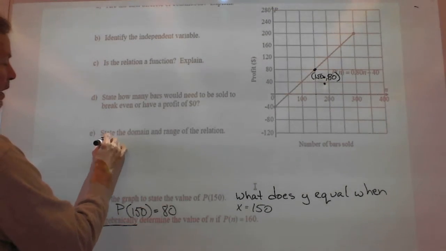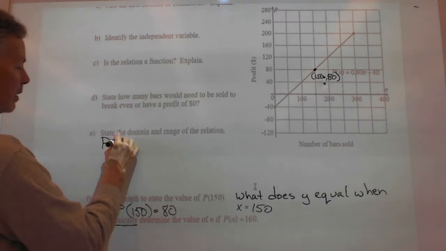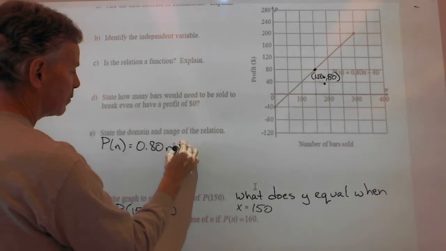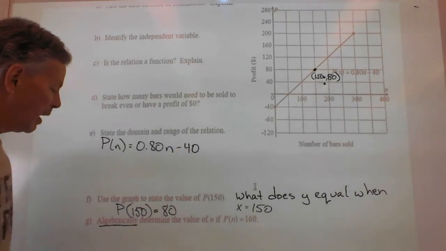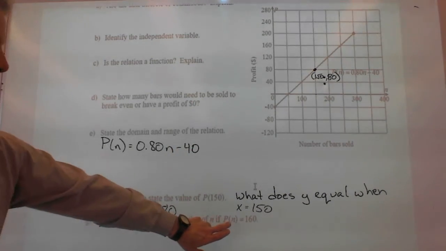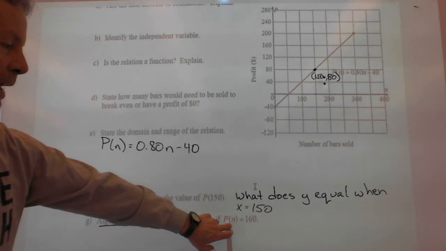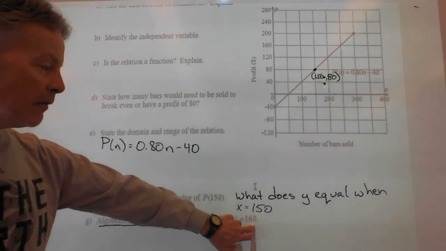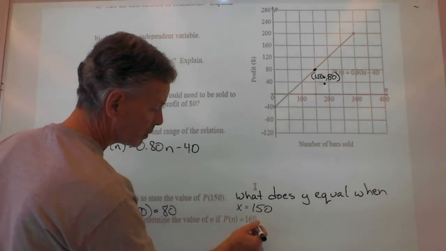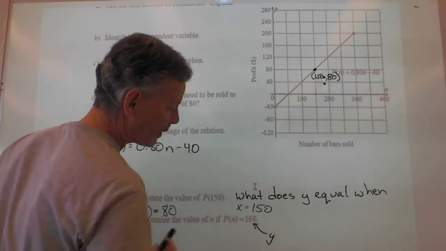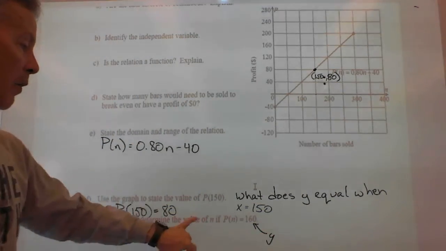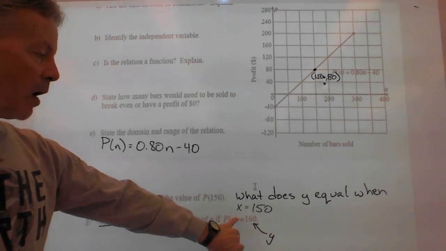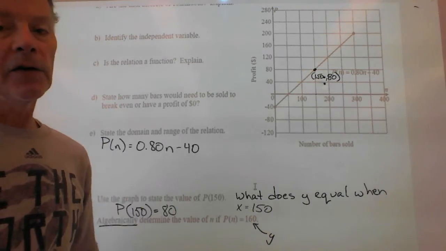So p at n equals 0.8n minus 40. And they're saying the value of p at n. Notice they haven't plugged a number in here. What they're giving you is a y value. Okay? So what they're asking is, what is the value of x if y equals 160?